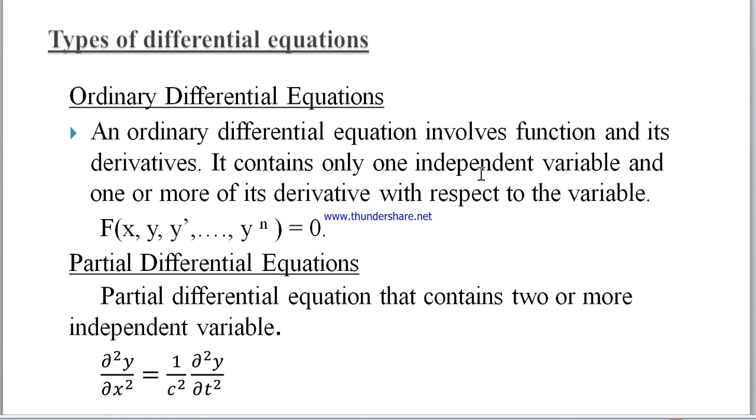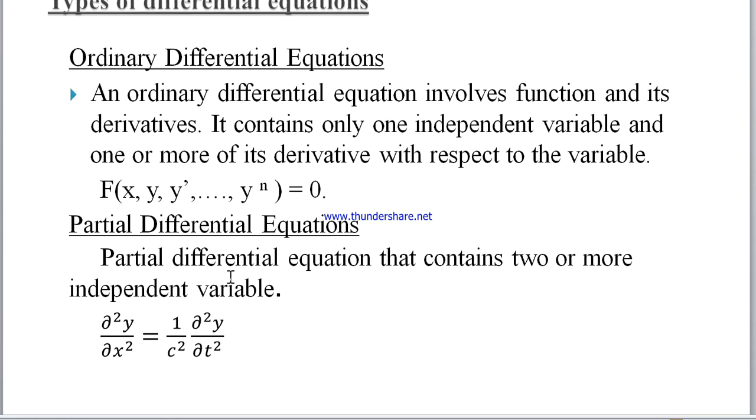It contains only one independent variable and one or more of its derivatives with respect to that variable. That is, f of x comma y, y dash, y double dash, and so on up to the nth order derivative of y, equal to 0. This is the ordinary differential equation form, like x plus y plus d square y by dx square equal to 0, or d square y by dx square plus 2x plus y equal to 0. This type of equation is called an ordinary differential equation.